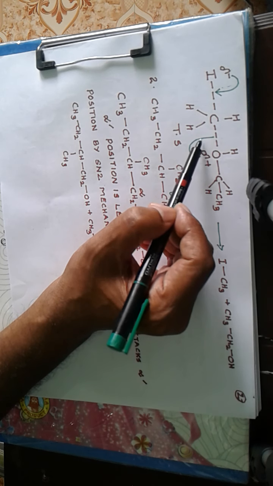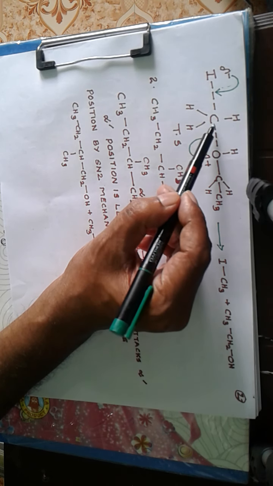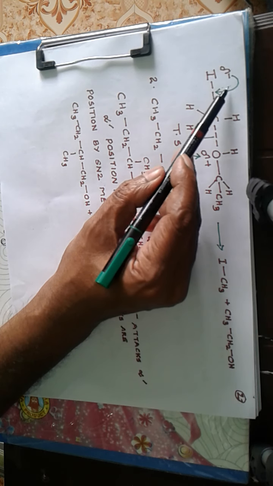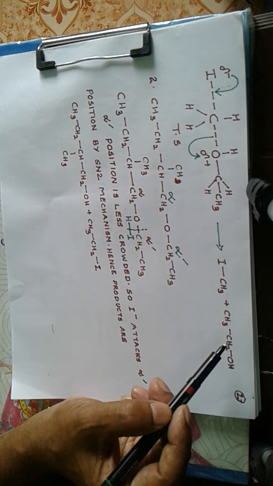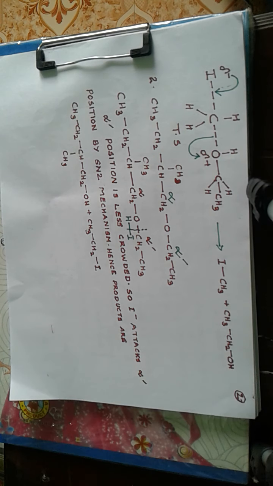Because when this bond is completely removed, carbon bears a positive charge which is neutralized by the negative charge of iodine, and we get ICH3 and CH3CH2OH. Now another example.